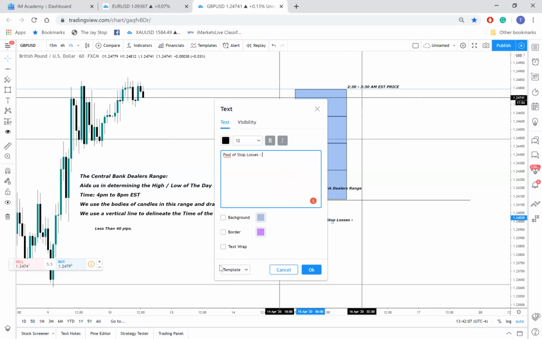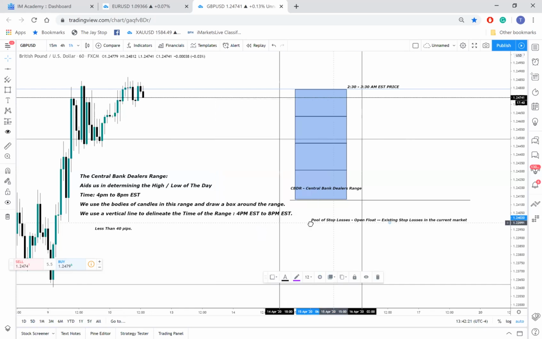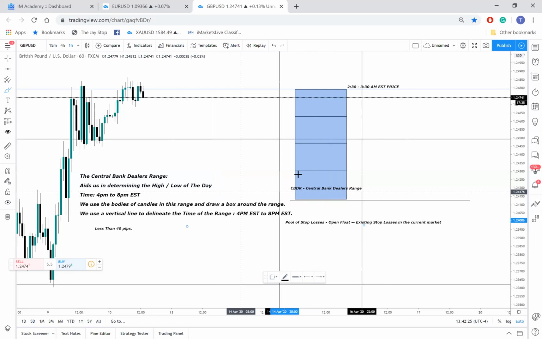And this is called open flow. The existing stop losses in the current market. Right, so imagine this being the range, right? This box right here. Say these are the orders. 8 p.m. hits, and then they build up the orders, build up the orders, build up the orders.